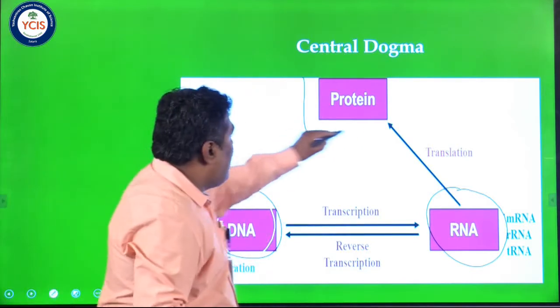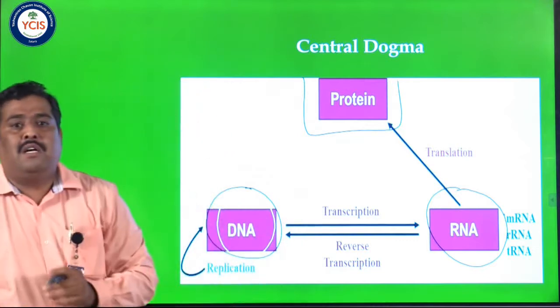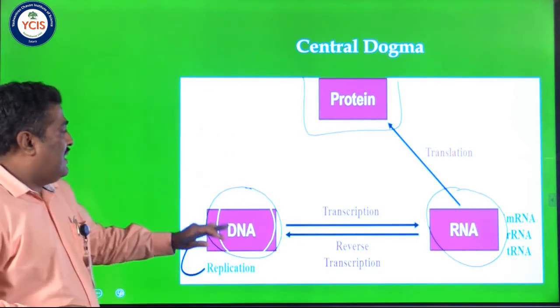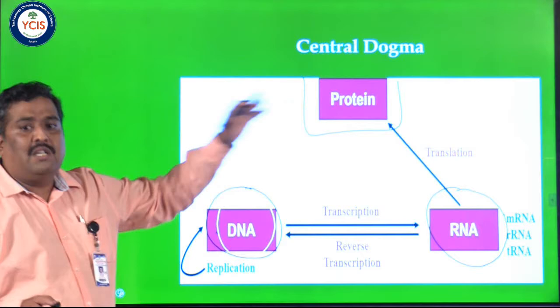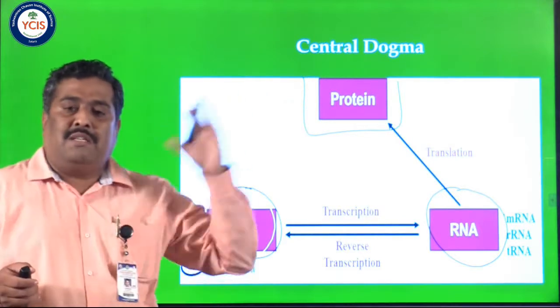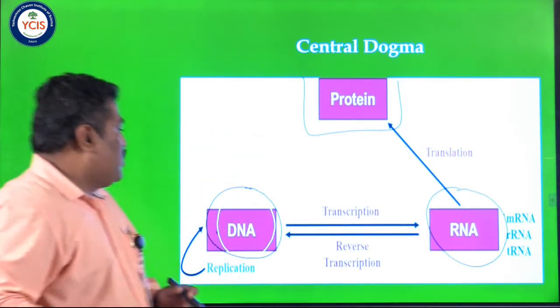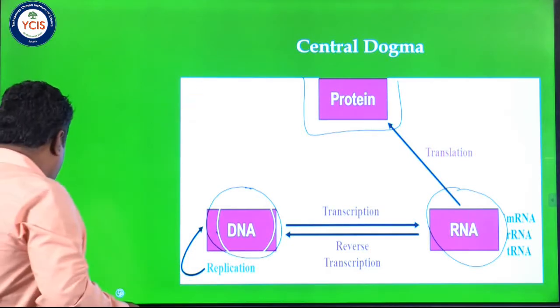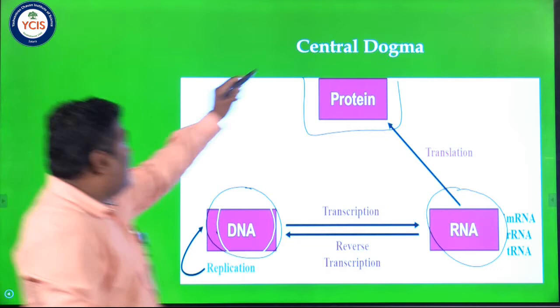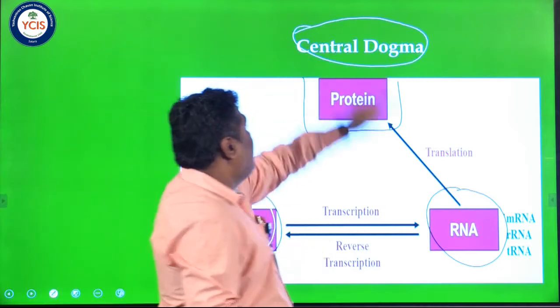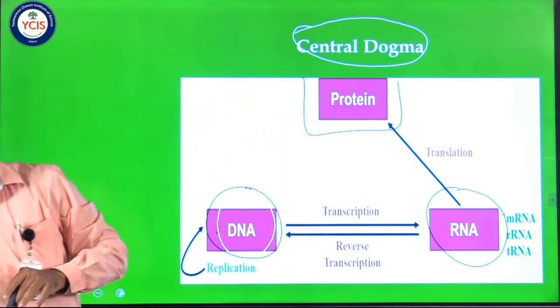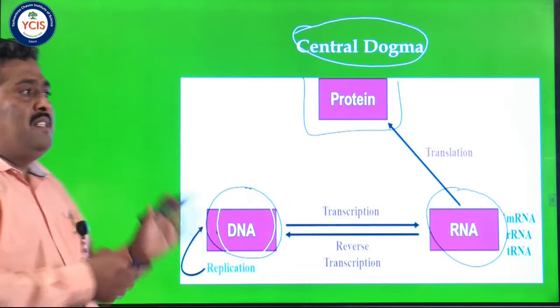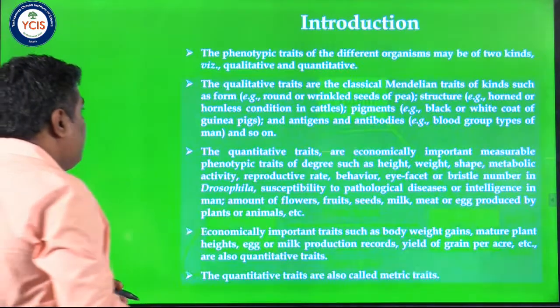The expression of a gene is always expressed in terms of the gene being expressed. The function of the gene is the formation of one kind of protein. So this is the central dogma of life, and the whole life process works on this particular reaction. That's why we call it the central dogma of life.